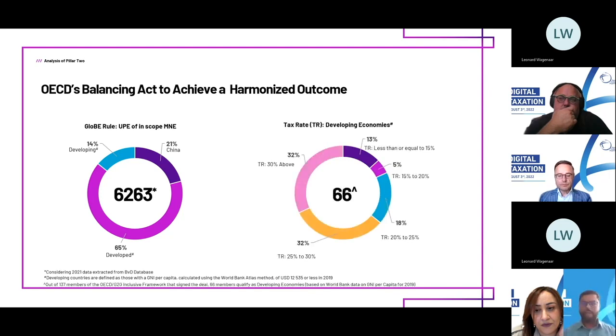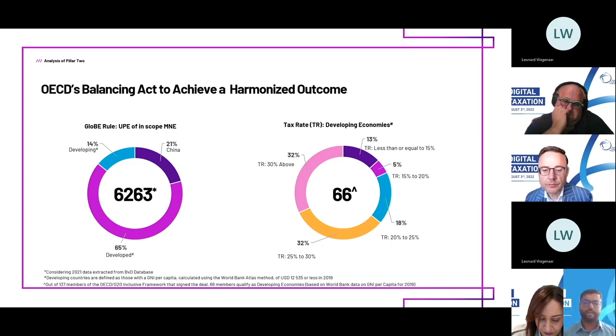Before I discuss this data point, let me talk about what this data is. This is the statutory tax rate across developing economies. And most of the developing economies have a very high statutory corporate tax rate. Now, out of 137 member countries of the OECD, G20, and Inclusive Framework, statutory tax rate data for 128 member countries was available.